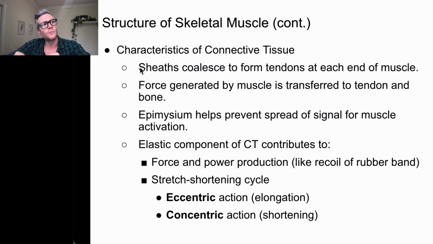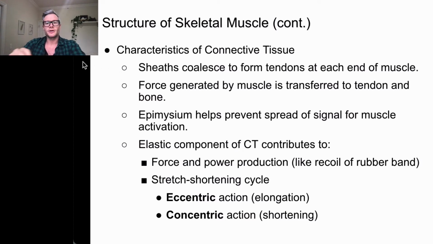One of the important things to remember is that tendons act like specialized shock absorbers to mitigate the force that muscles produce when they contract and ensure that they stay attached to bone or their attachment sites, right? So that's the overall goal with tendons.